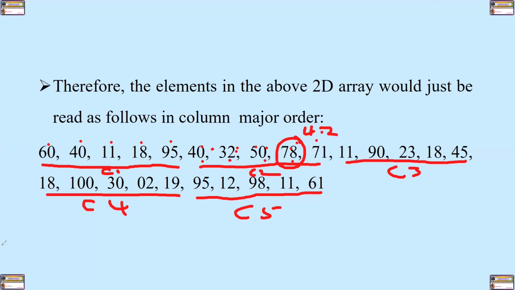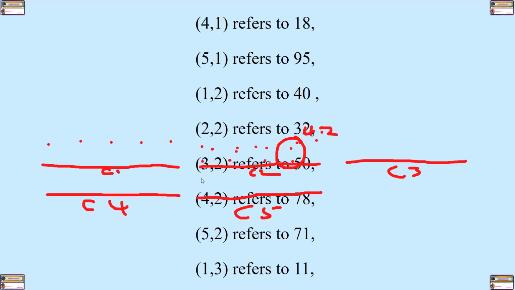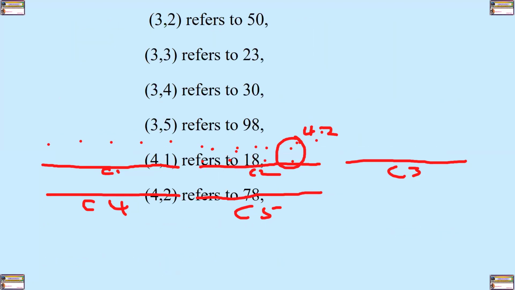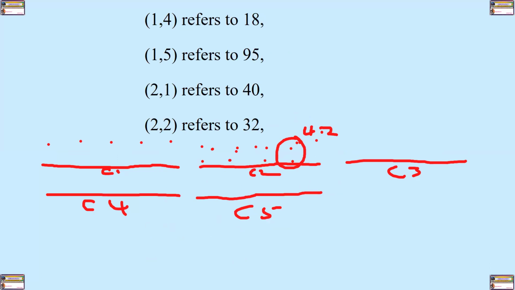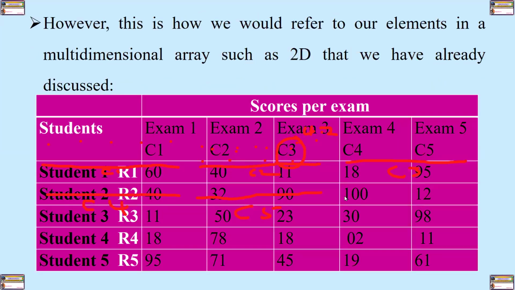Let's go to our array and see whether that is true in the column major. Let's see what is in 4, 2. Here we are. Where is 4, 2?